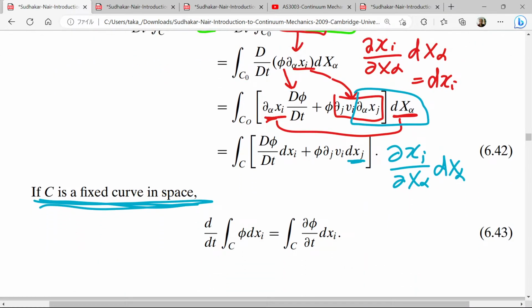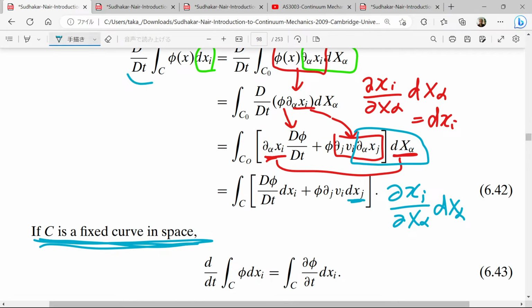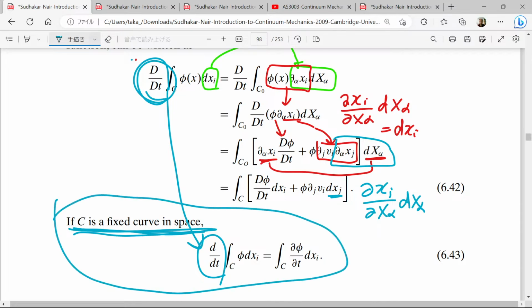So I don't know, does this mean C doesn't deform? I don't understand. Then here d/dt goes to small d/dt. So I'm sorry, this part I don't understand.